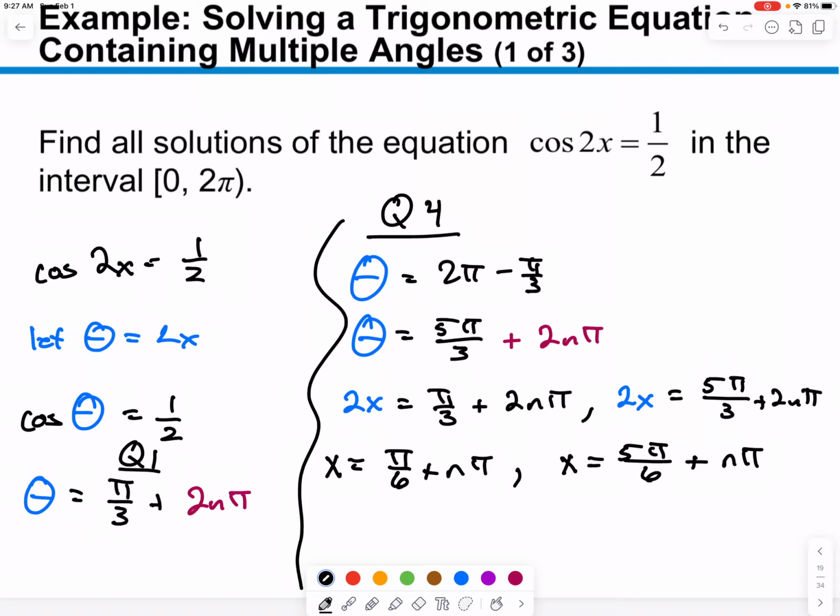If we get a negative result, then we're going to scrap it. 1/6 minus 6/6, that's going to be negative, right? So we won't have to do that. When n is 0, we're getting pi over 6. If n is 1, it looks like we're getting our 5. Okay, let's keep going.